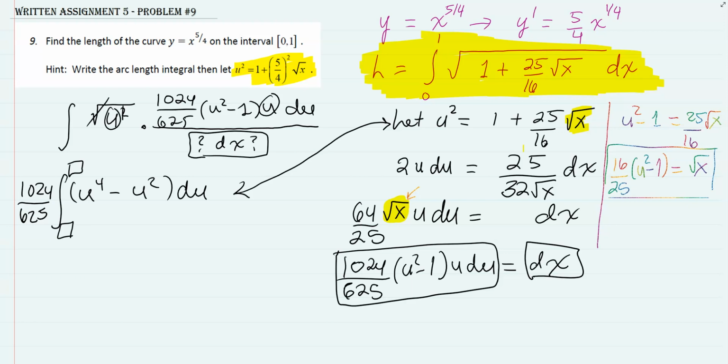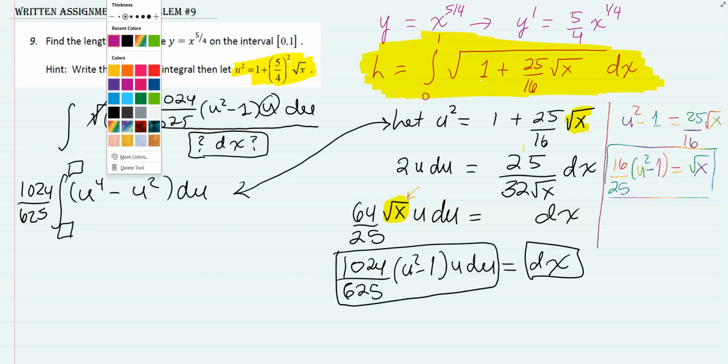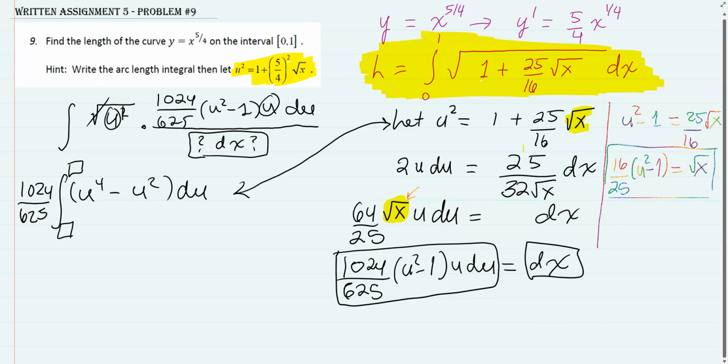So let's do a little calculation so that we can figure out what u is when x is 0 and also when x is 1.